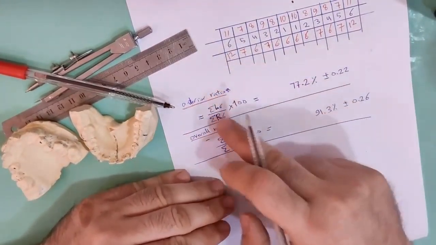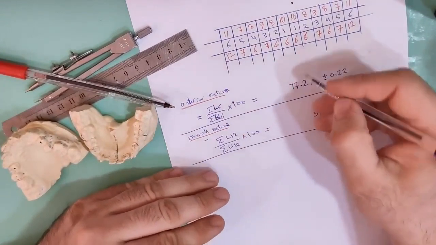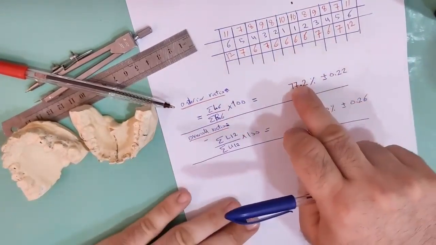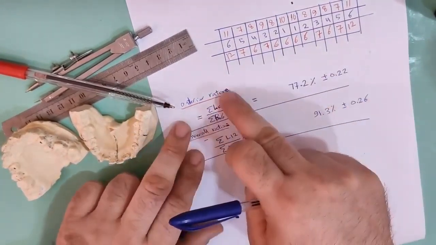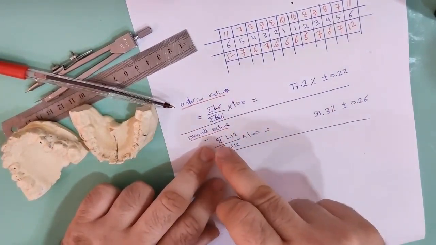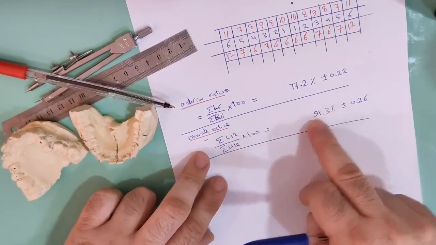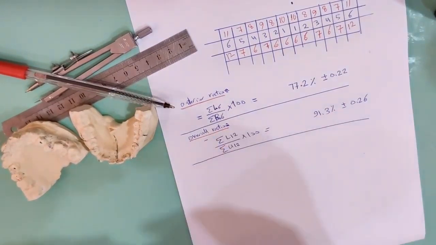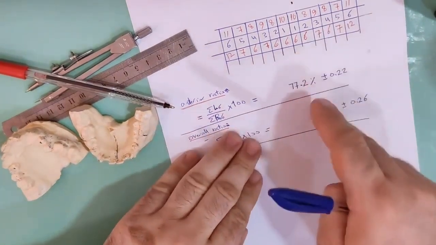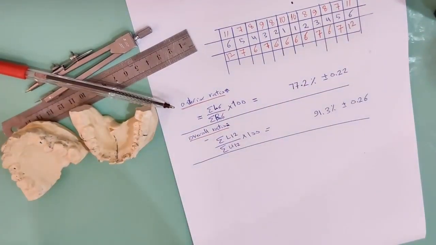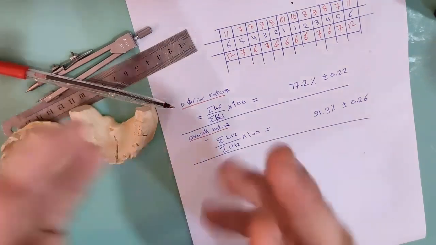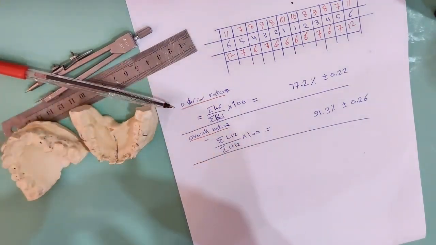After calculating this equation, if it's more than 77.2 for the anterior ratio, or more than 91.3 for the overall ratio, the problem is located in the mandible.